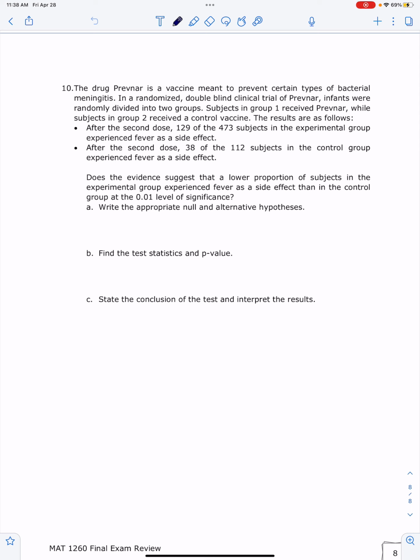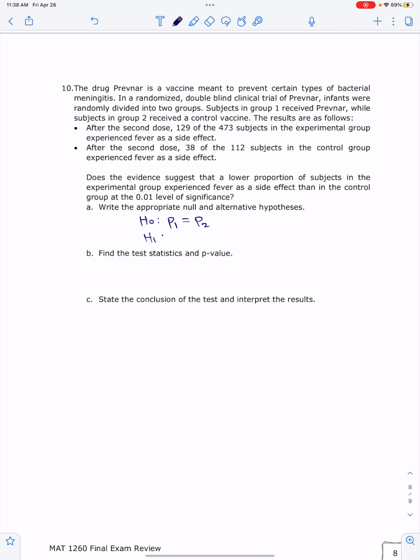We're going to write the null and alternative hypothesis. We're comparing two proportions in this case. So the null hypothesis suggests that the proportion of children from the experiment group who experienced fever is the same as the proportion from the second group, or the control group.